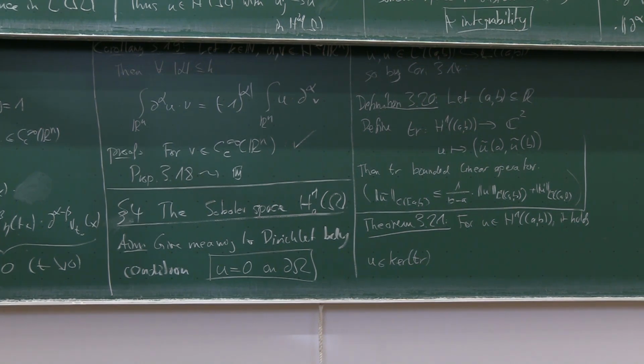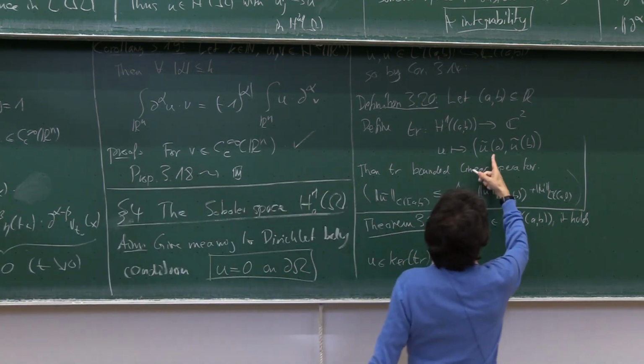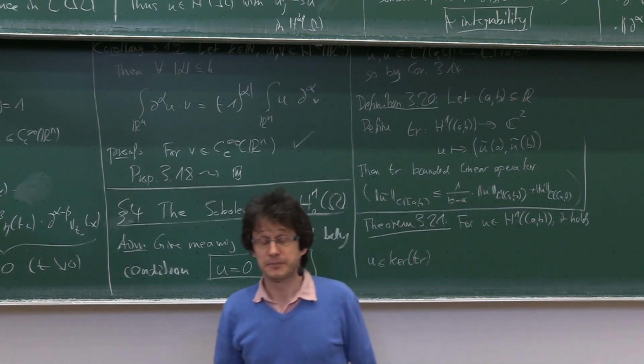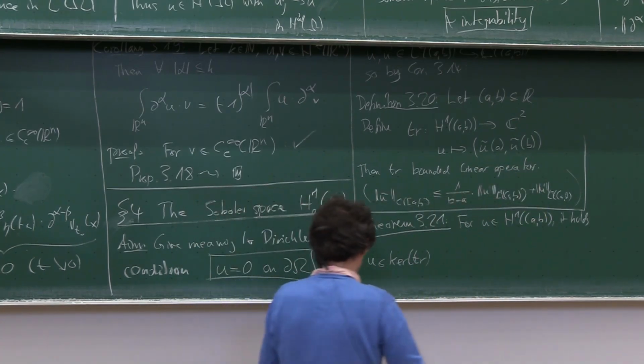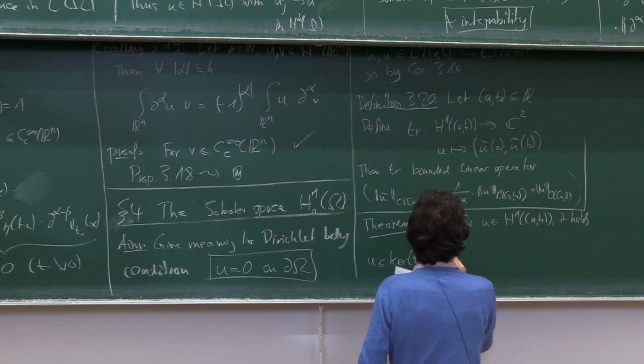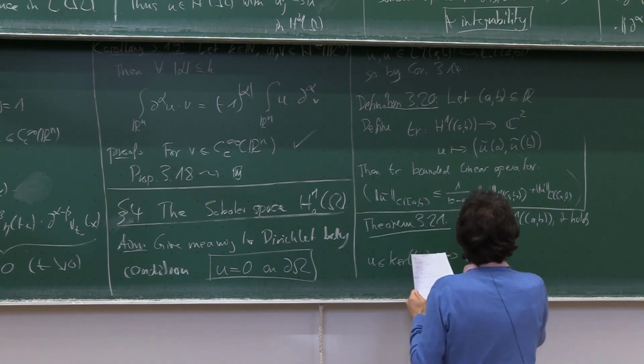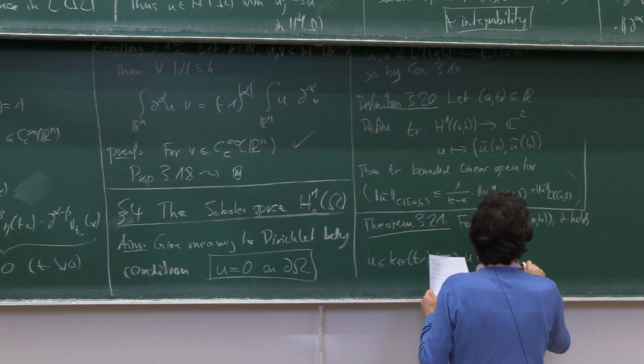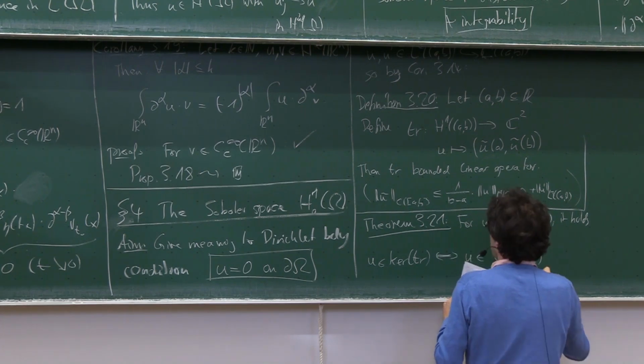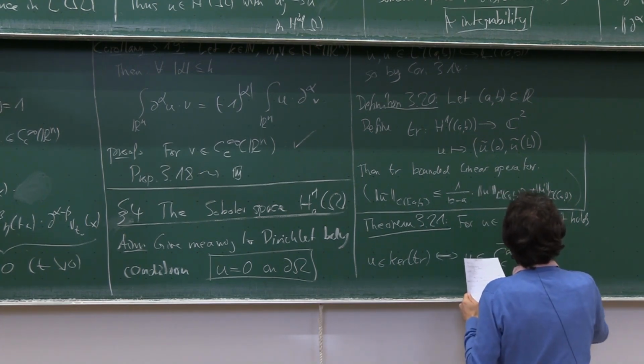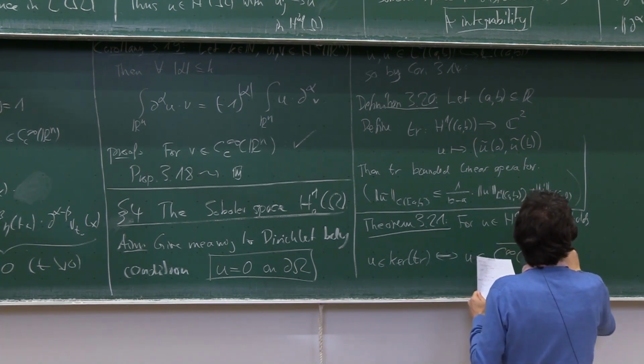Kernel of the trace operator is the functions that are mapped to 0, so with U tilde of A and U tilde of B being 0. U is in the kernel of the trace operator if and only if U is in the H1 closure of C_c infinity.